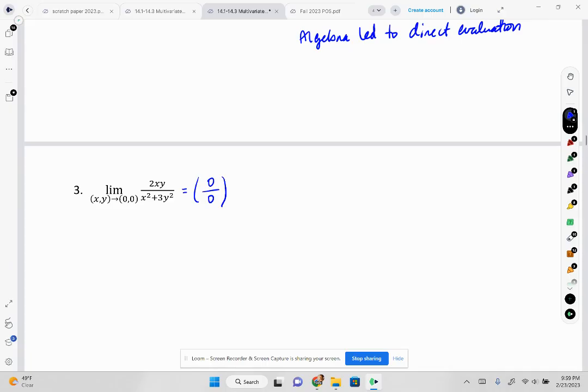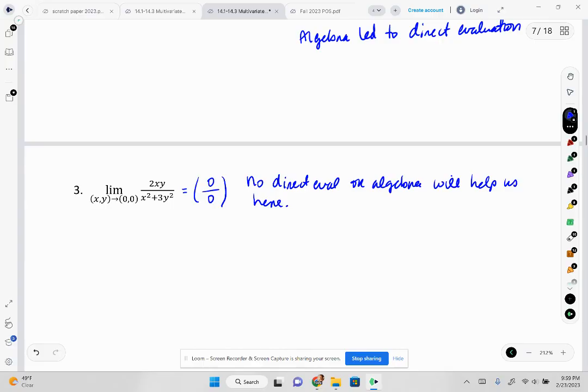So I start looking closely at my function, and I'm asking myself, does this factor at all? Does anything simplify? Nothing simplifies, okay? So no direct evaluation or algebra will help us here. So I have to try paths.